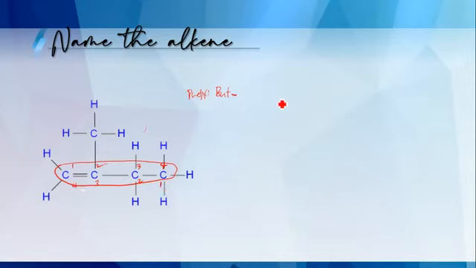The location of the triple bond is carbon 1, and then the suffix is -yne. The name is but-1-yne, the name of your longest chain.